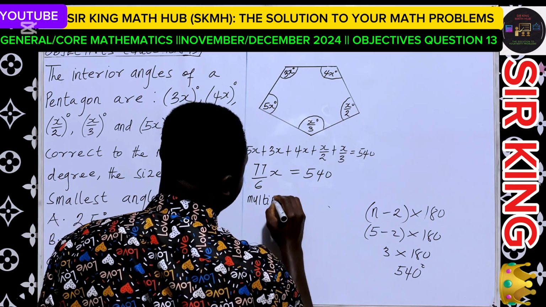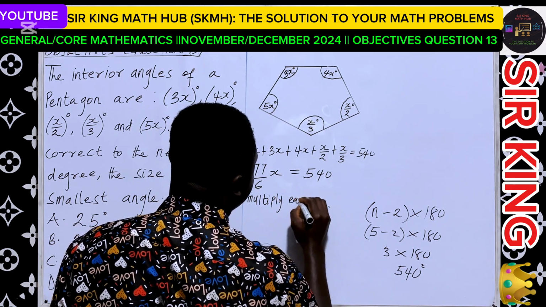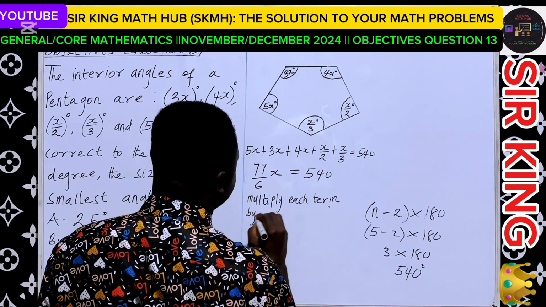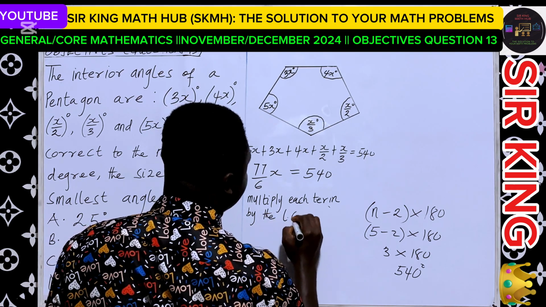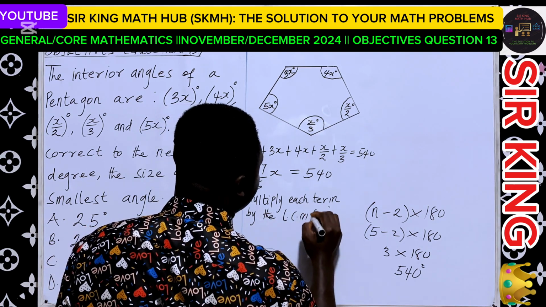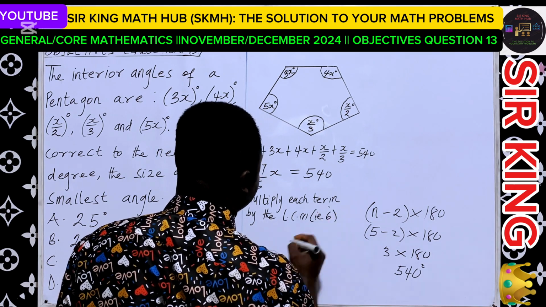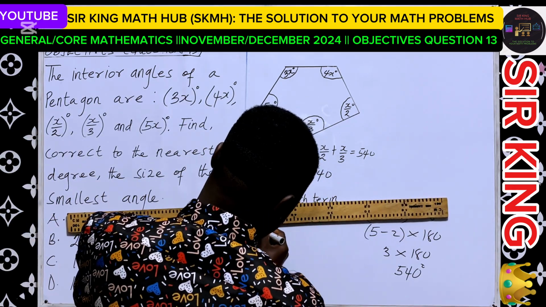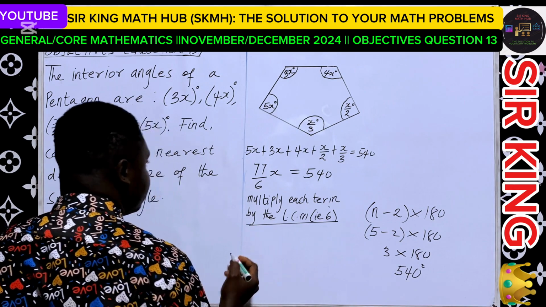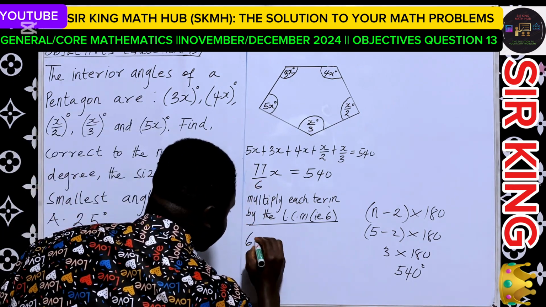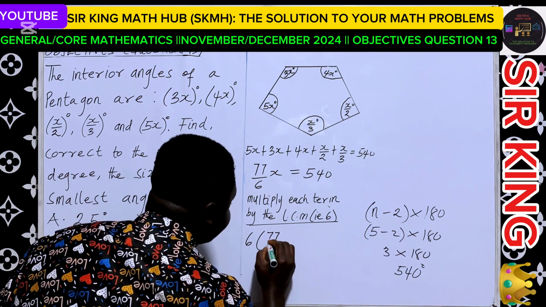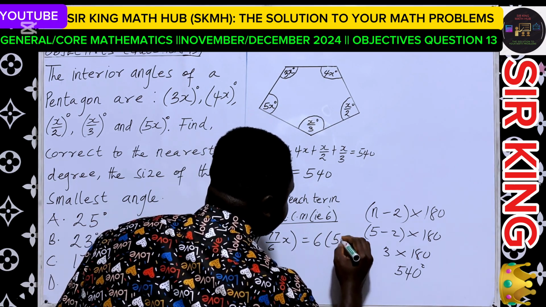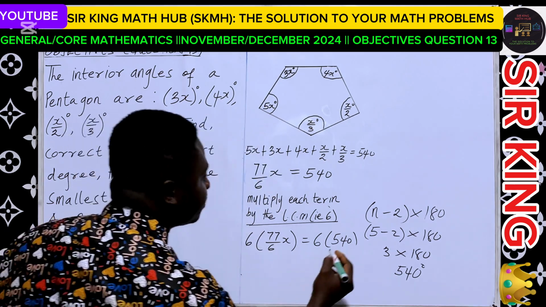So let's multiply each term by the LCM. 6 multiplying 77 on 6x should be equal to 6 multiplying 540.